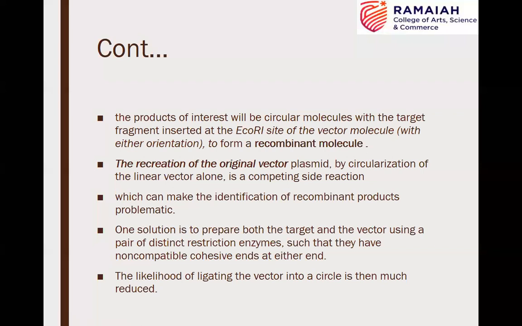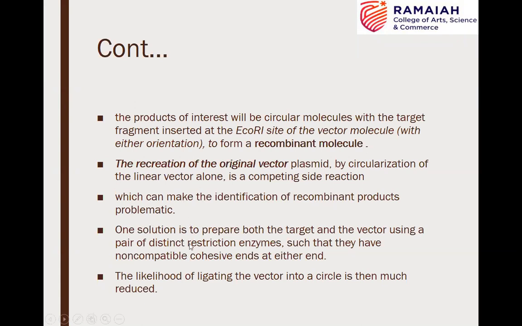Because the selection markers are present on the vector molecule, though the target DNA is not incorporated in the vector molecule, if it is taken up by the cell during the process of transformation, they will be selected as the transformed cells. They are definitely transformed cells, but they do not have the recombinant DNA molecule which we are interested in. If there is recreation of the original vector without incorporation of the target fragment, that is one reaction that makes the identification of recombinant products problematic.